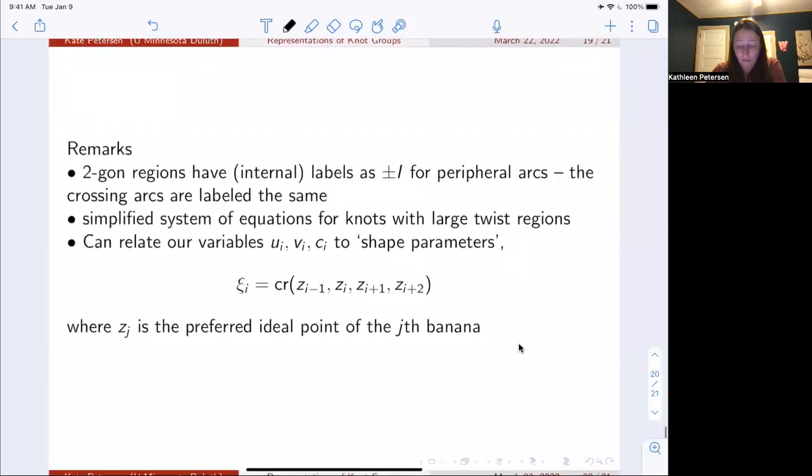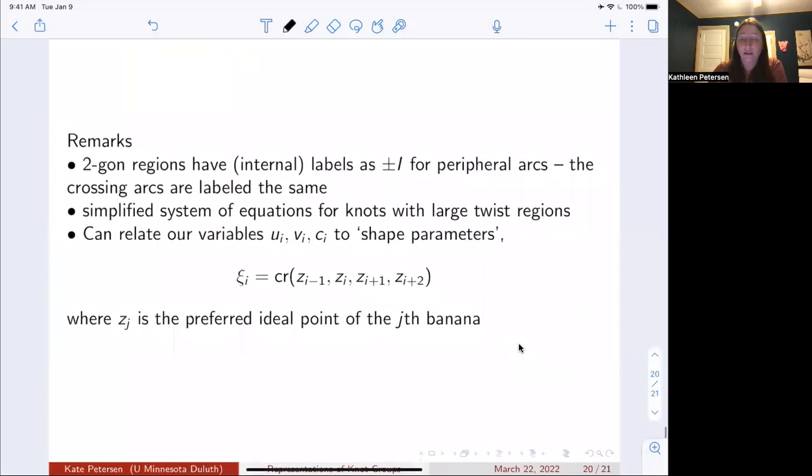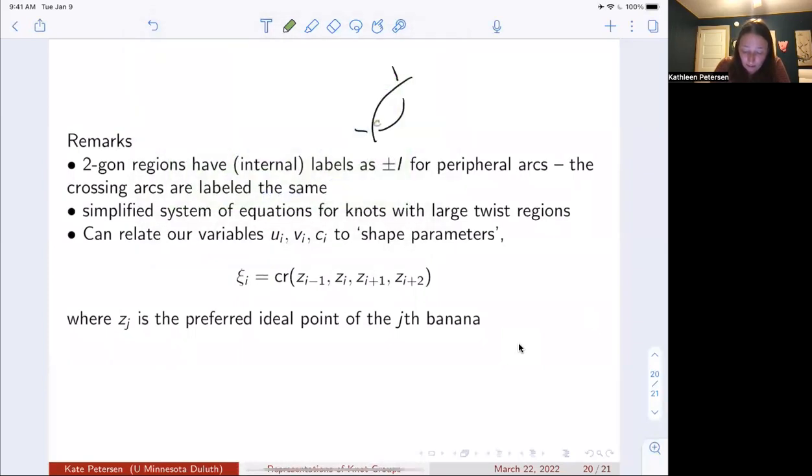Okay, so a couple of remarks. There are some ways to beautify this a little bit. You can look at the geometry, and I will spare you, but if you take a two-gon, trying to draw a two-gon without getting too much hand on there. If you take a two-gon like this, then if I want to label my two-gon, I label it with a crossing. There's another crossing.